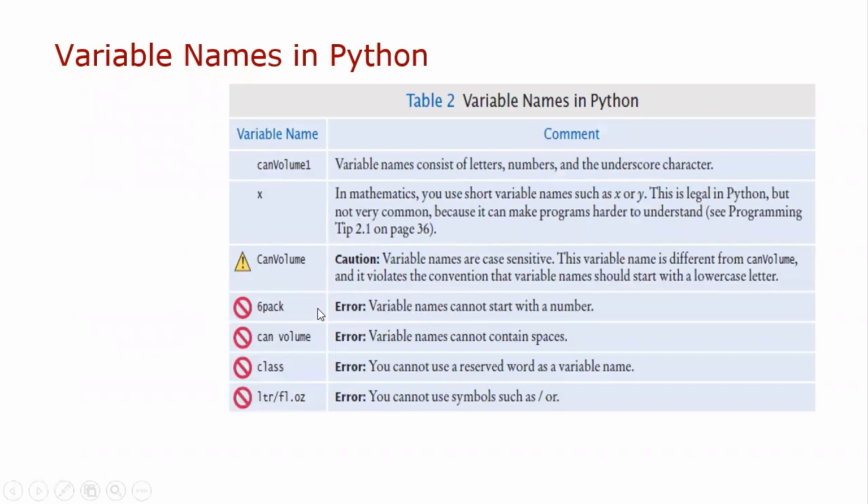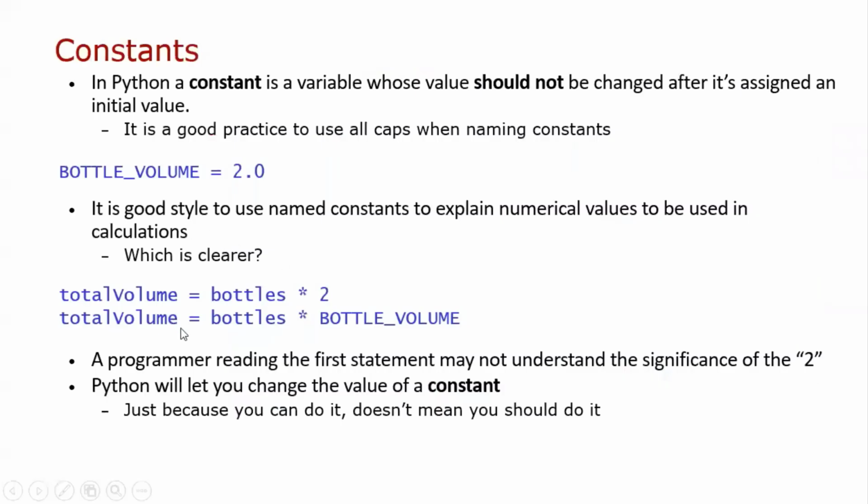So as you can see, this is going to be an error because 6 pack, as I said, cannot start with a number. This one, what do I have here? A space between them. This one is a reserved word. This one contains a slash and a dot. These are okay, but as I said, we're going to use this style, not that style, which is a Java style.